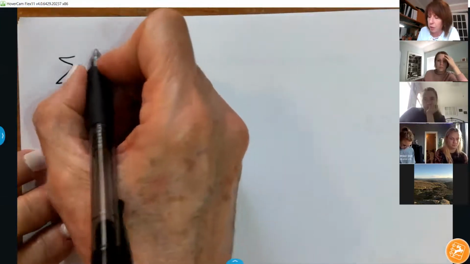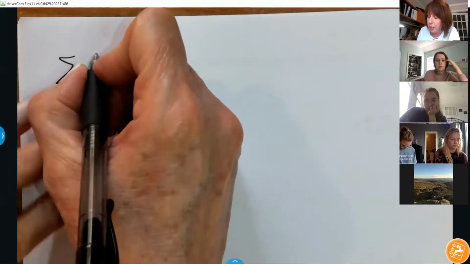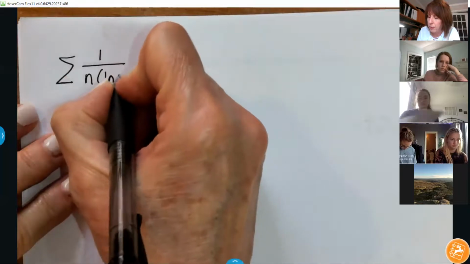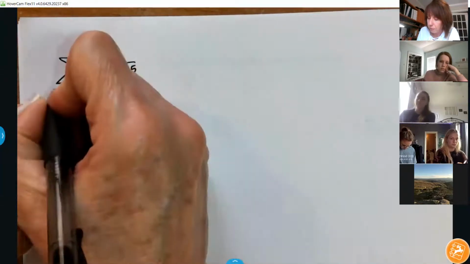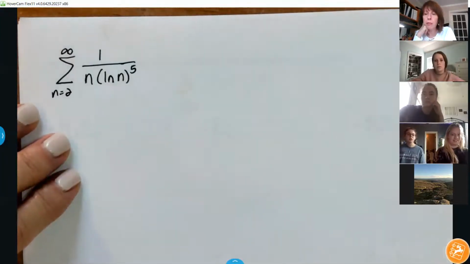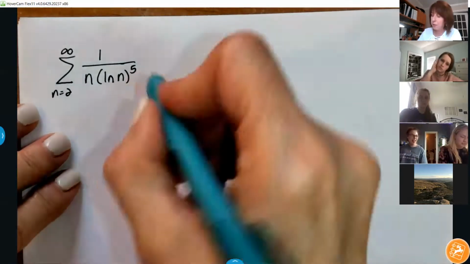What test would you use for this one? You'd use the integral test, right? Yes, this would be a good integral test one.